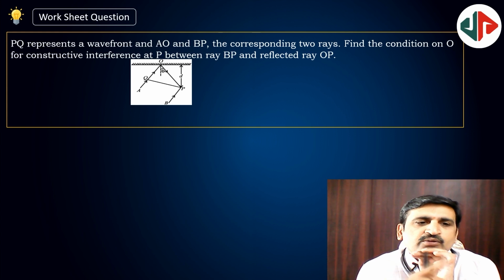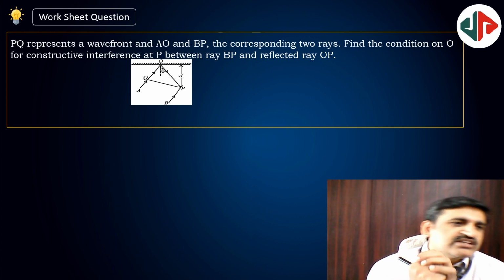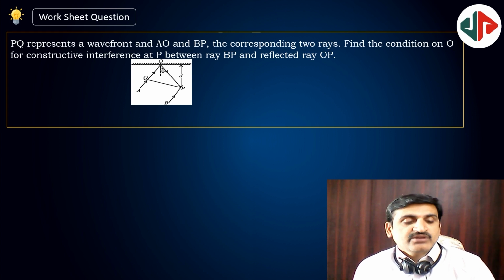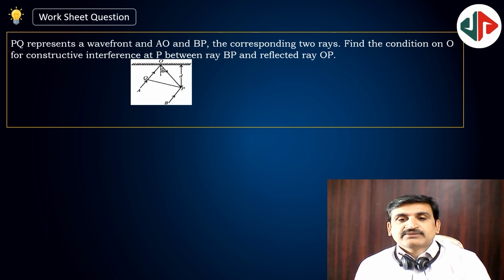To have constructive interference, crest should come on to the crest, trough should be on trough. So phase difference must be 0 or 2 pi multiples.